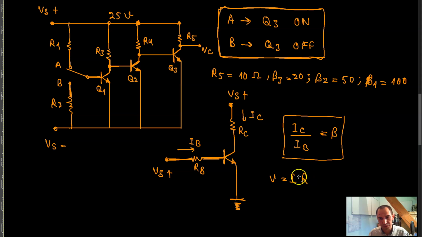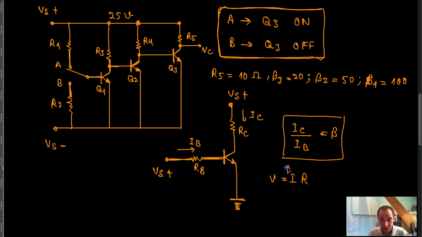Let's say that this R is set and I cannot change that. Since I have control over this current, that means that I have control over this voltage, because these are on the two sides of this equation.